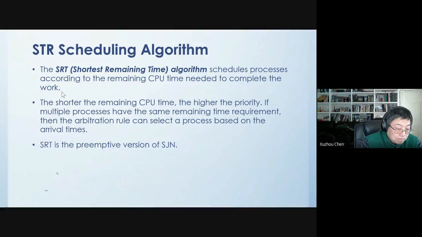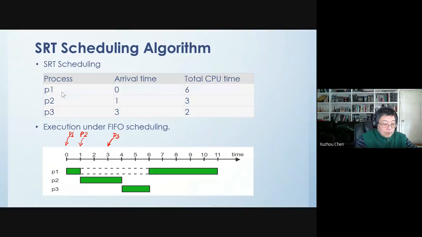Let's take a look. We still have exactly the same situation. When process 1 arrives, no other process is in the CPU. Process 1 is the only process in the ready list, so process 1 will get the CPU.